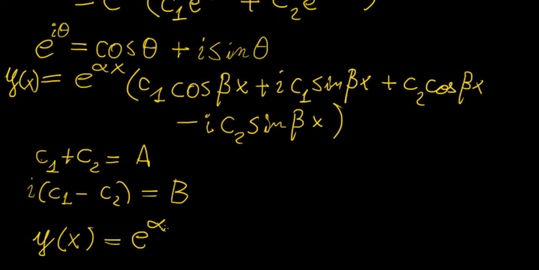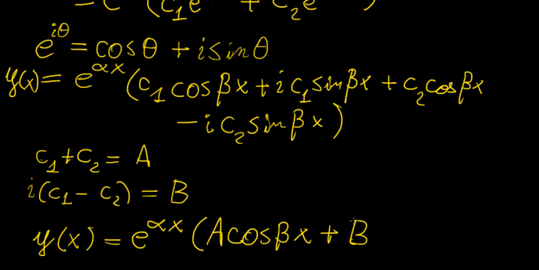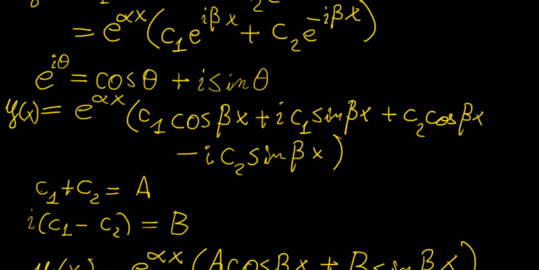So e to the alpha x times a times cosine of beta x plus b times sine beta x. And this is another way in which we can write that solution, and it is equivalent to this form that I have on the top.